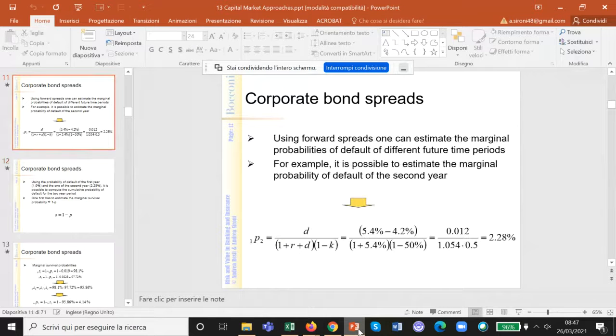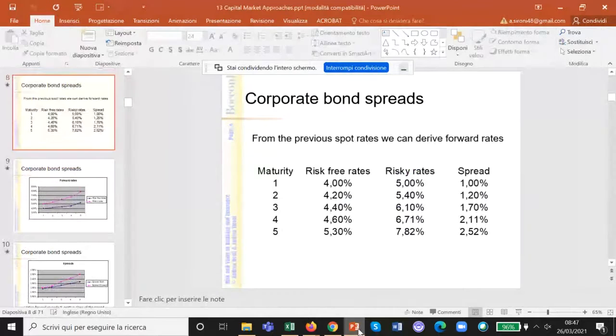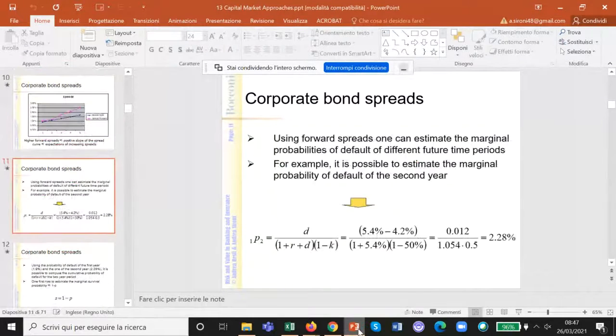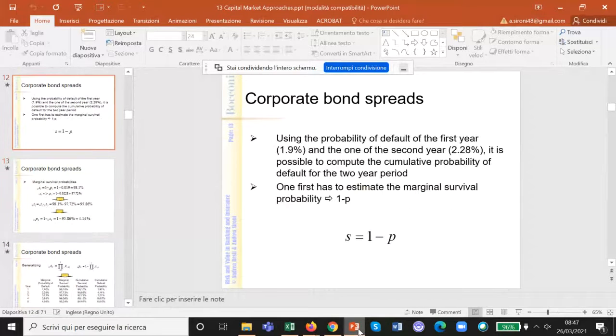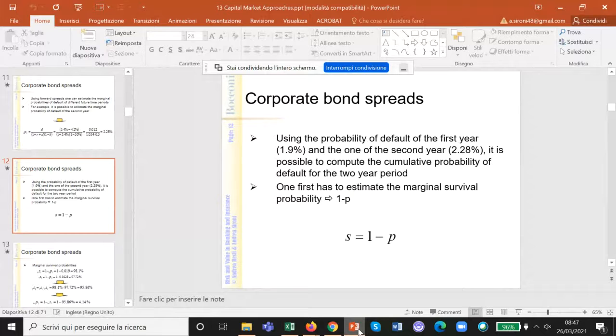Now, clearly, using the probabilities of default for the first 2 years, i.e., the one from 0 to 1 and the one from 1 to 2, which, remember, were 1.9 and 2.28, we can also estimate the marginal survival probability. The survival probability, of course, is simply 1 minus the probability of default.